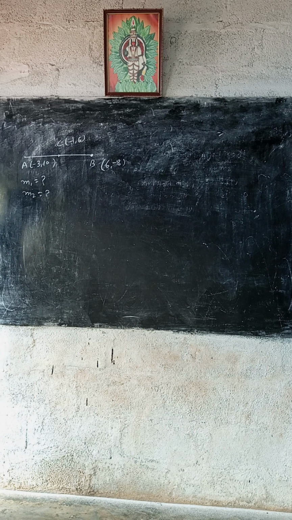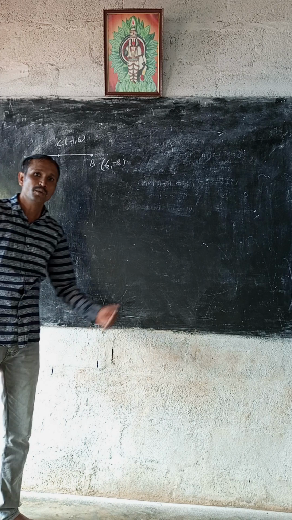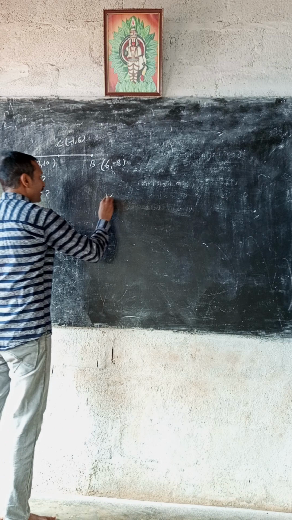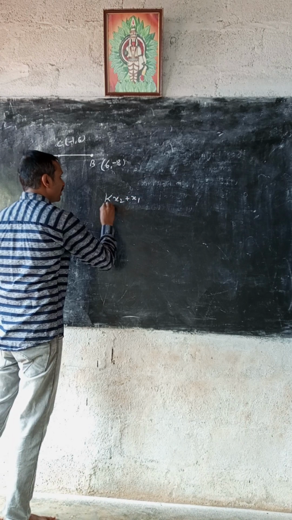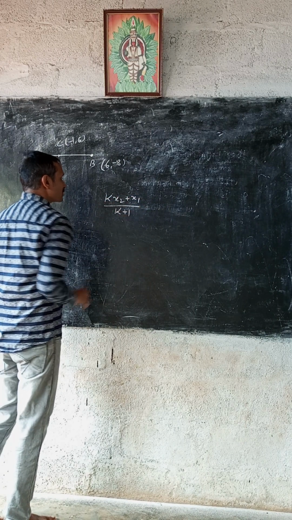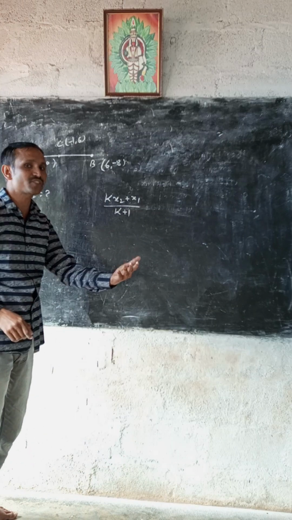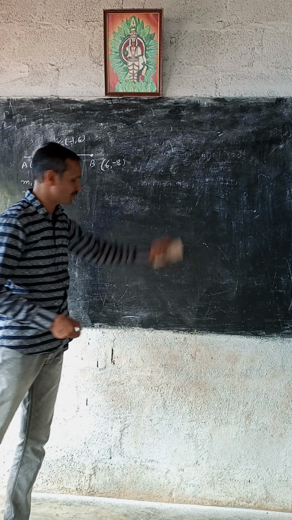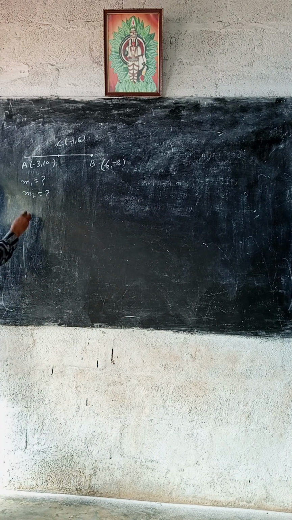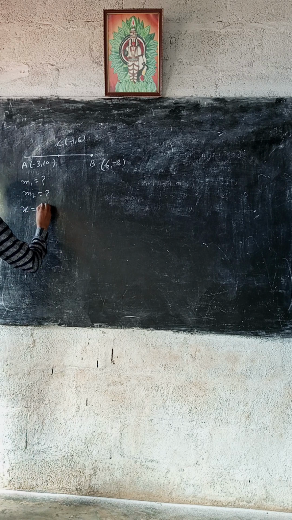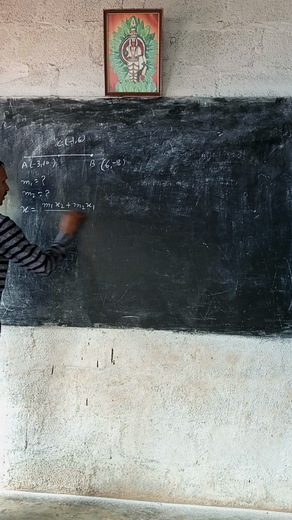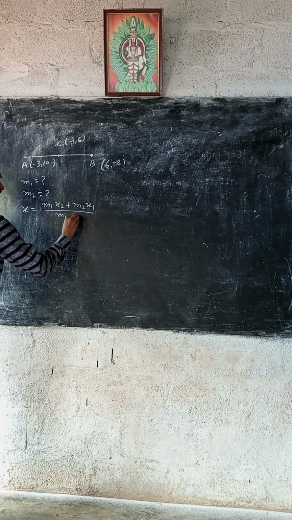Now we know the section formula. Otherwise another formula is there, kx2 plus x1 by k plus 1, that can also be used. Suppose that k is the ratio, any ratio which divides the line. But here only the section formula will be used. So what is the section formula? x is equal to m1 x2 plus m2 x1 divided by m1 plus m2.